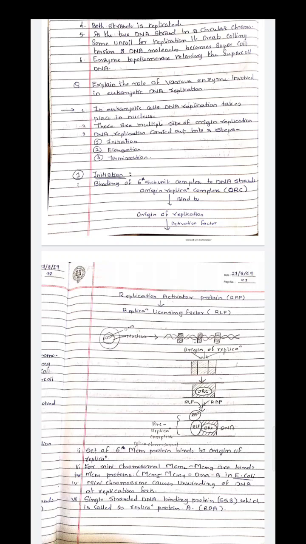That means the six minichromosome maintenance proteins are produced, and these proteins bind to the ORC region.